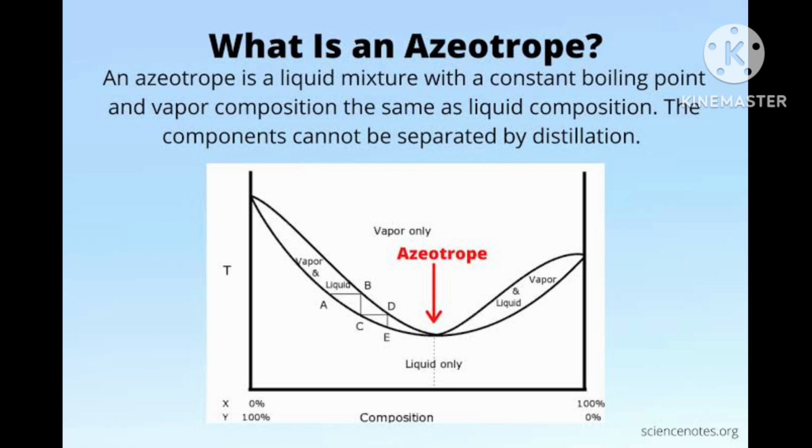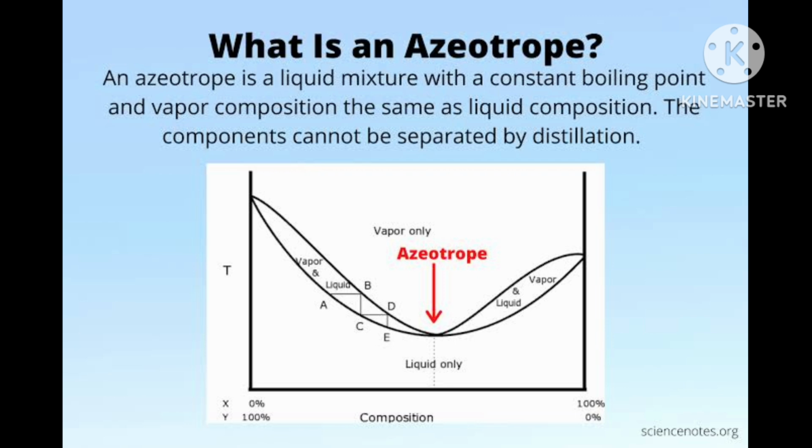Weak interaction is responsible for positive deviation, and strong interaction for negative deviation.